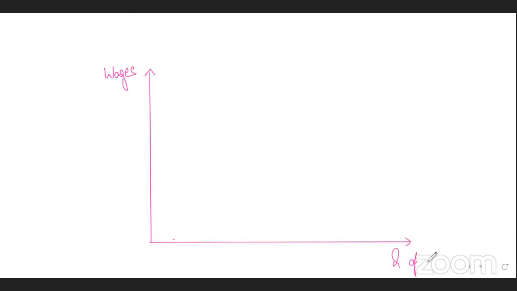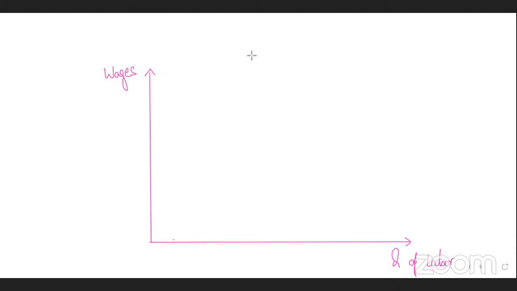So what I basically mean by that, let me also show you on a separate graph so that you can better understand. So you had wages on the y-axis, and then you had quantity of labor on the x-axis, right? Okay, now think about this.